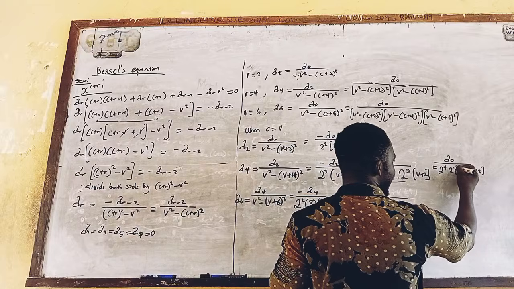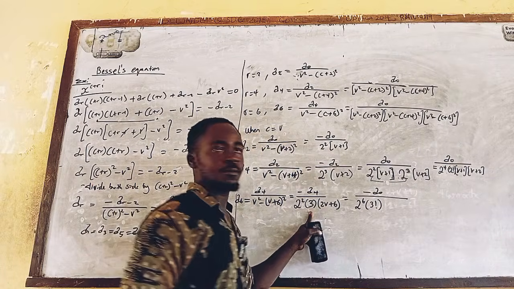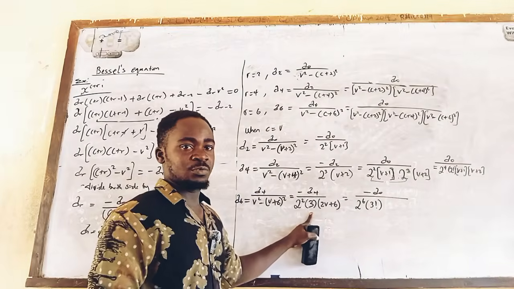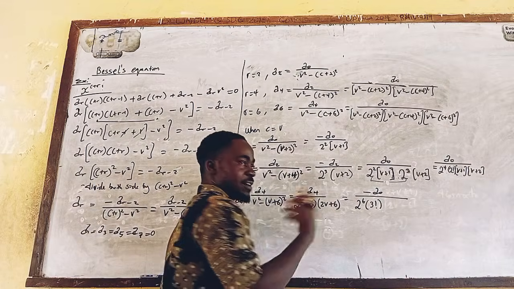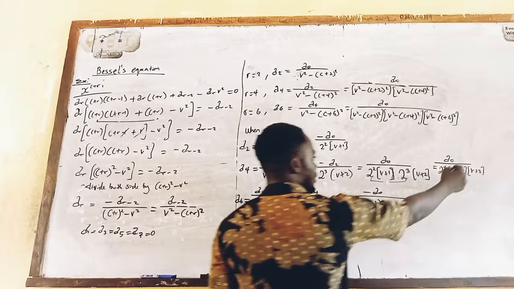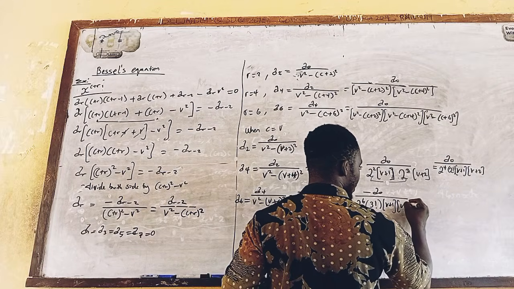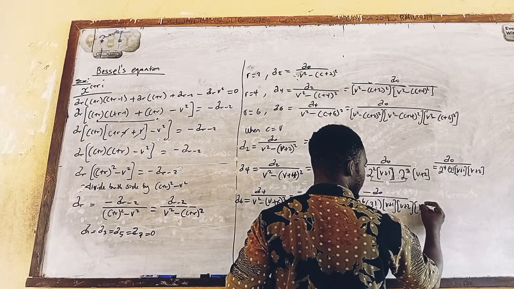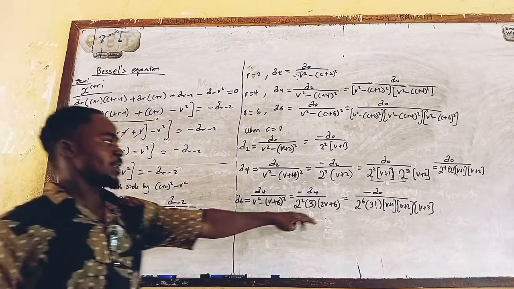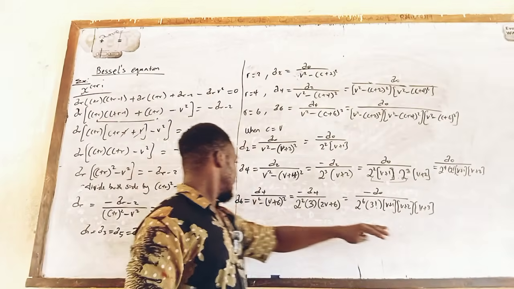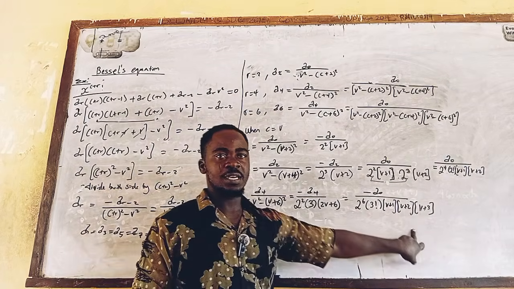So this means that here also, let's change it to 2 factorial. 2 factorial is the same thing as 2, that's 2 times 1. Now this 2 multiplied by 3, we have 6. That's 3 factorial. Then we have v plus 1, v plus 2, v plus 3. So now this is what we have when r equals 6, our a6.